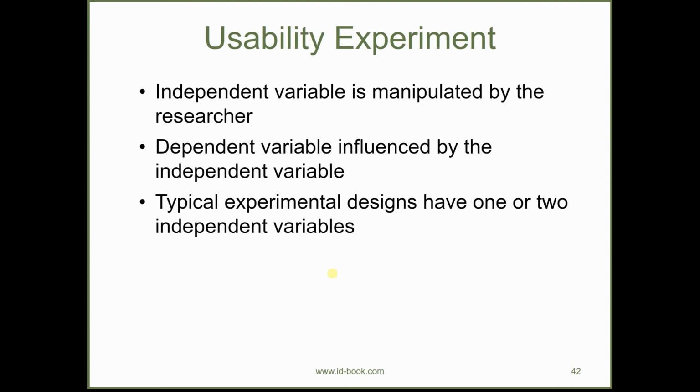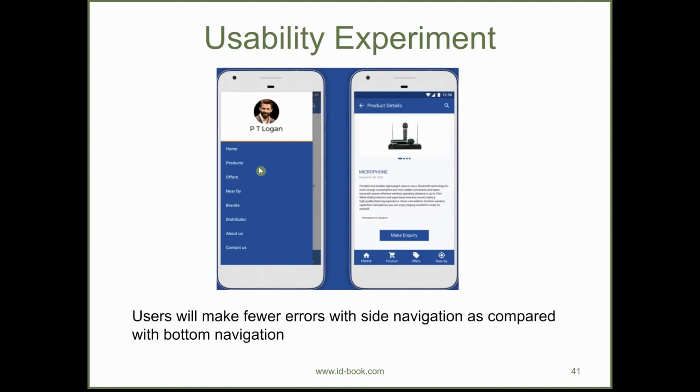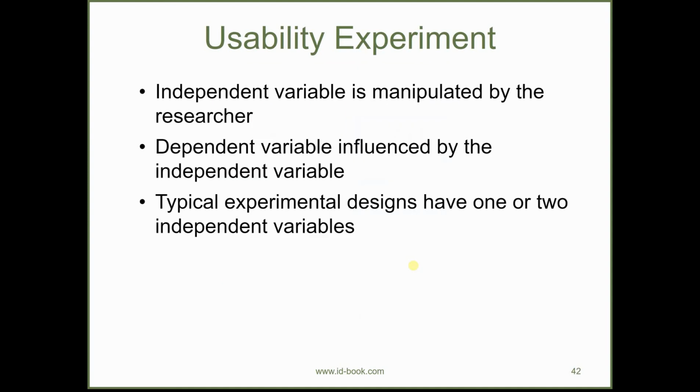There are some terms that you need to be familiar with if you are designing usability experiments. The first term is independent variable. An independent variable is a variable that's manipulated by the researcher. In this case, the position of the navigation bar is the independent variable, because that's what the experimenter or the usability expert is able to control.